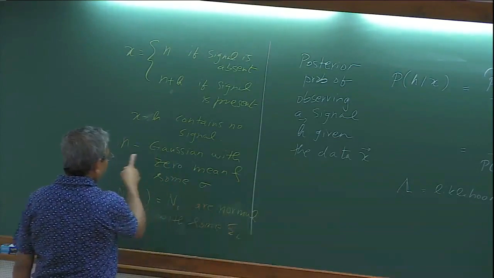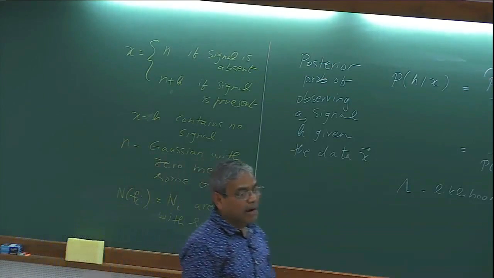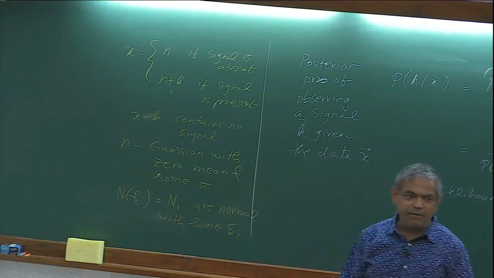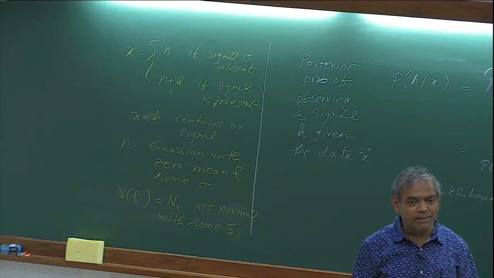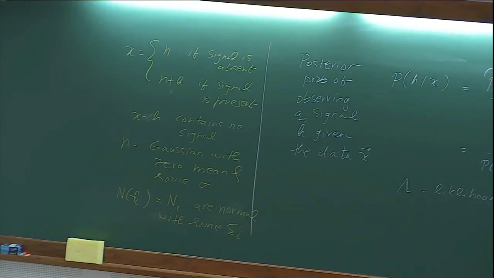Here, noise at every instant has the same sigma, but here at different frequencies, because it's not white noise, it has different sigma_i's, and that's what it is. In fact, this is nothing but S_n(f), that S_n(f) that we have come across. That is nothing but the variance of noise.